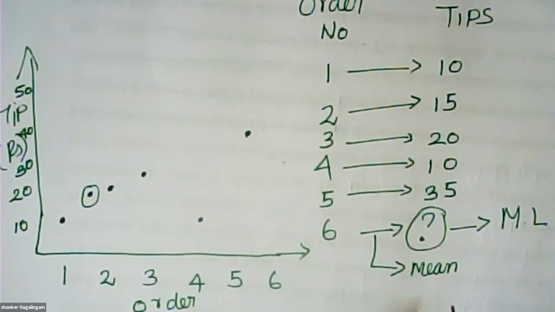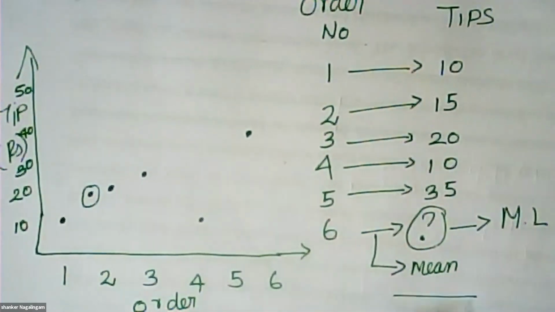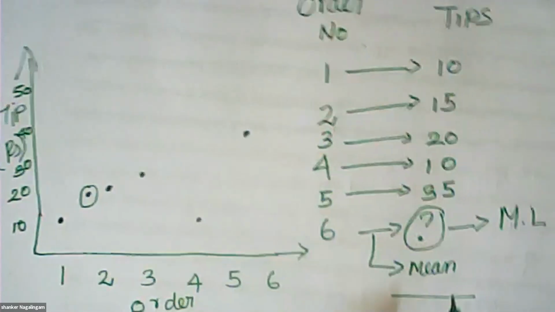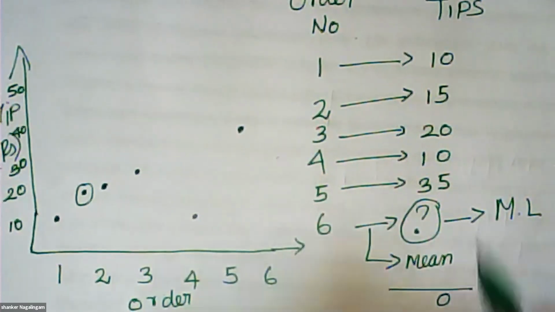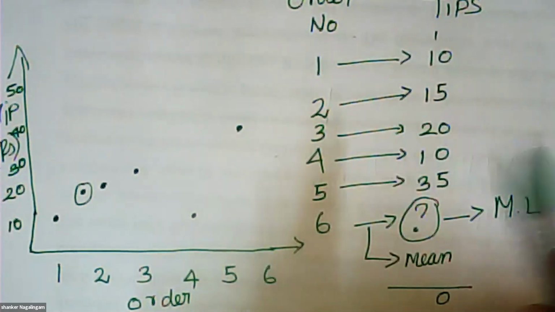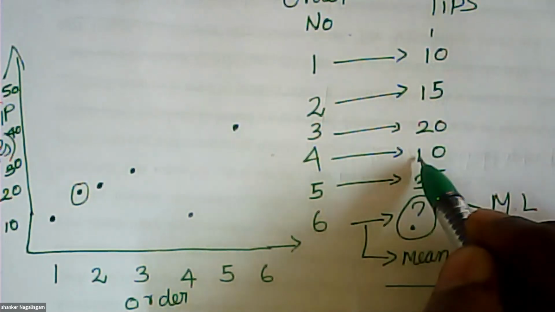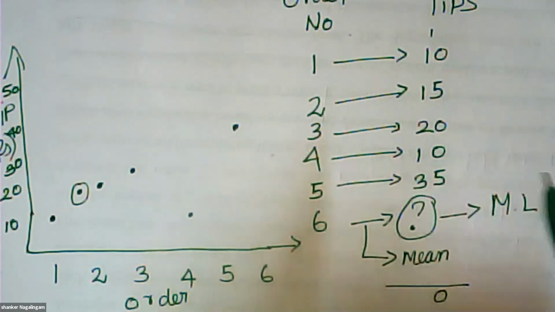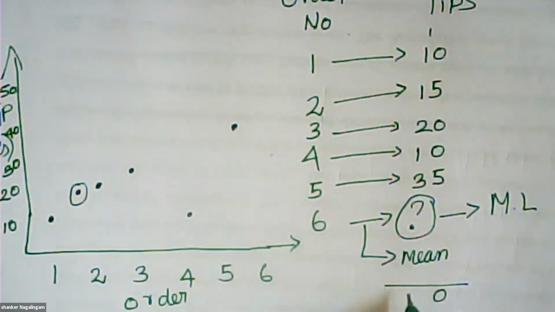Okay, now if I want to make this averaged, what is the average of this? The sum is coming around 90.